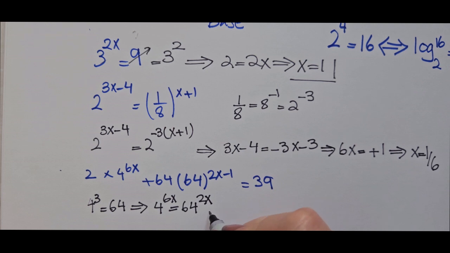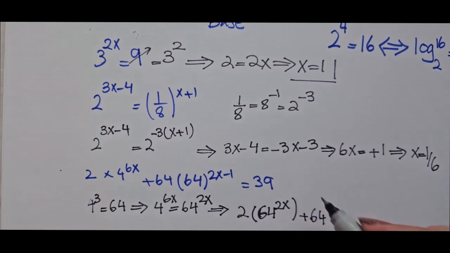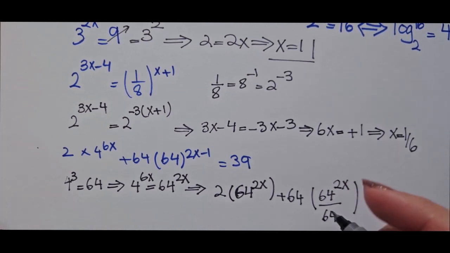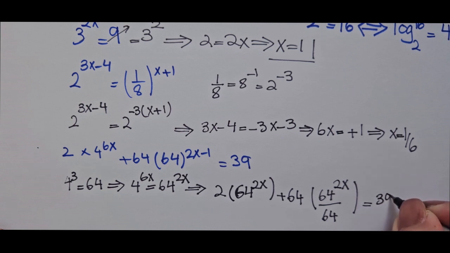So from here, I simply substitute: instead of 4 to the power 6x, I put 64 to the power 2x, plus 64 to the power 2x, and this negative one is actually dividing by 64, right? So from here it would be equal to 39.